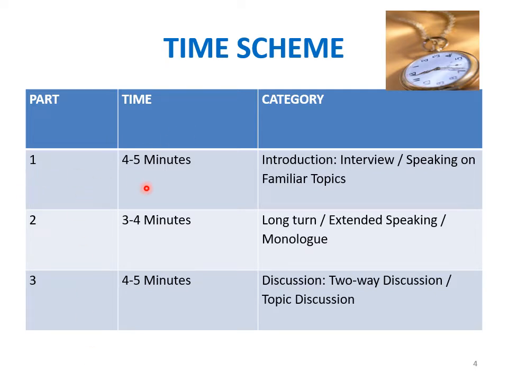Part 1 is 4 to 5 minutes long, where the interview takes place on familiar topics, and the examiners ask you questions about yourself, your city, country, family, etc. Part 2 is 3 to 4 minutes, and this is called the long turn or extended speaking, or sometimes it is known as a monologue, where the examiner gives you a cue card and you have to speak on the topic on your own for the given amount of time. And the last one is 4 to 5 minutes long. This is a two-way discussion, and it's a topic-based discussion.